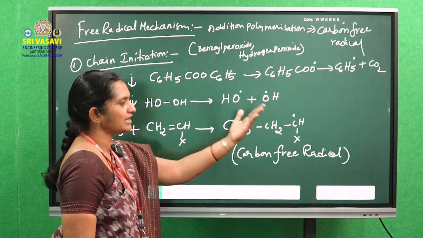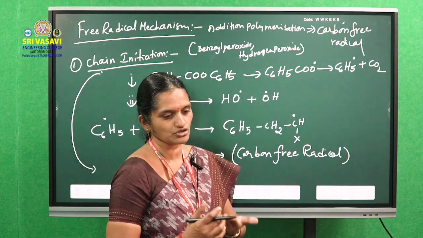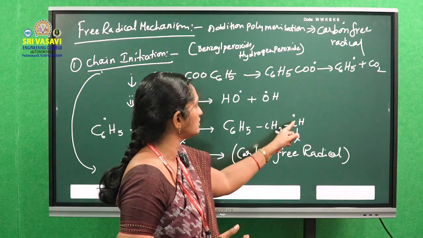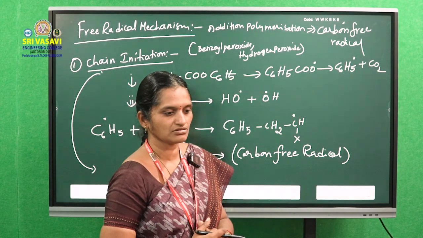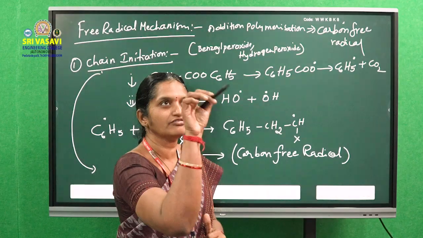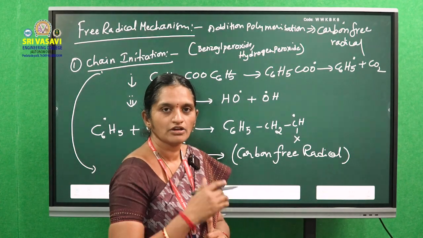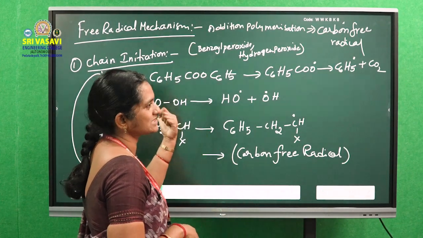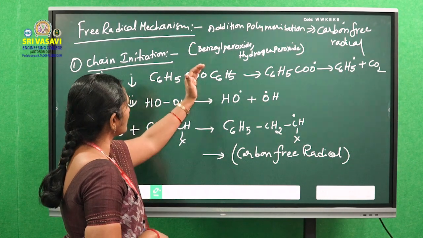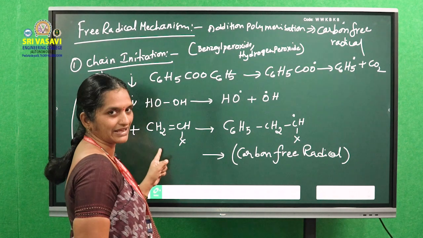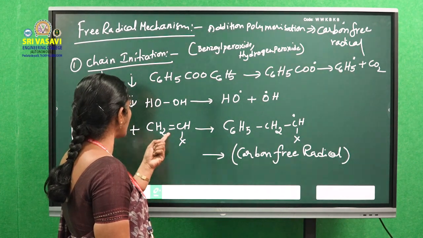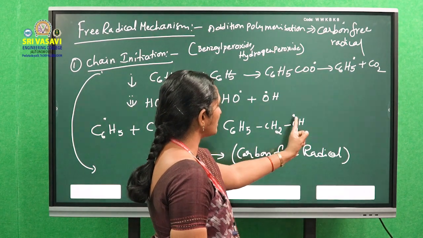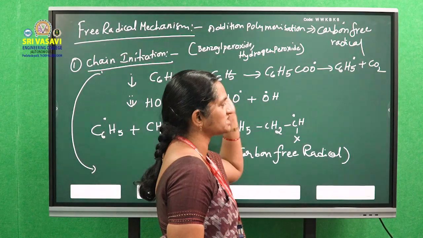Whatever reaction intermediate we are taking, if we are taking free radical, we generate this C dot. If we are going for anionic, we have to create C minus. If we are going for cationic, we have to generate C plus. In this step, the initiator reacts with the monomer and creates the carbon free radical on the monomer. That is the chain initiation.